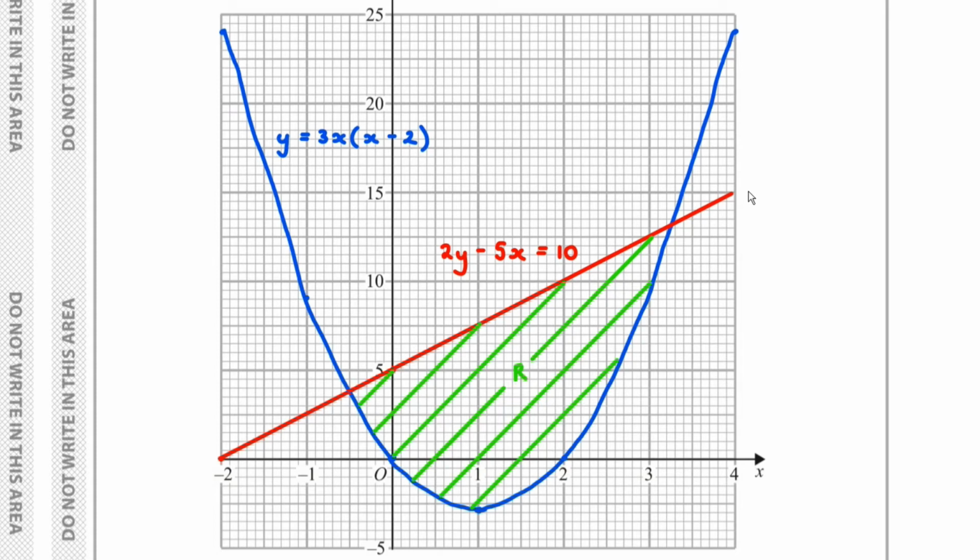Here we have the straight line 2y subtract 5x equals 10, and the region R which satisfies both the inequalities 2y subtract 5x is less than 10 and y is greater than 3x multiplied by x subtract 2 is the green region labelled R, shown here.